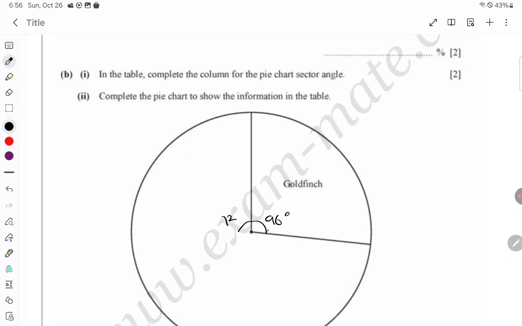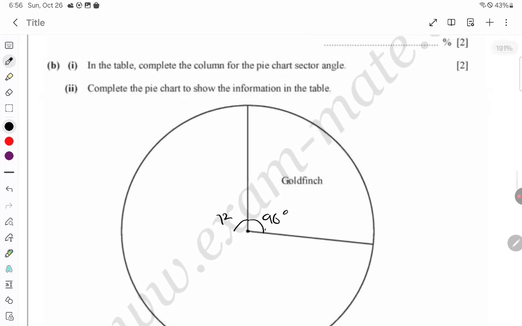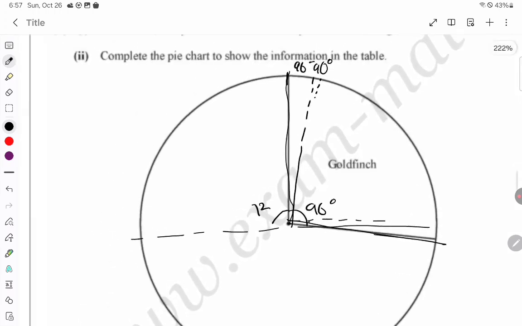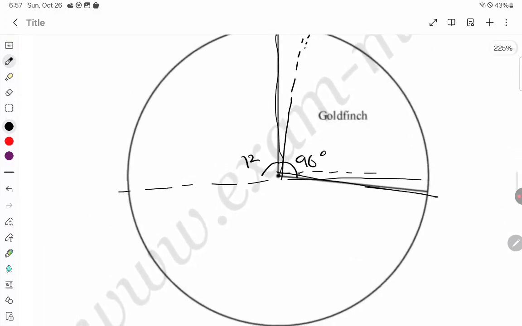72 somewhere. If you place your protector carefully on this side, from here to here it is forming a 96 degree angle, and from this point 90 degrees is shown on the protector. So this is our 72 degree.